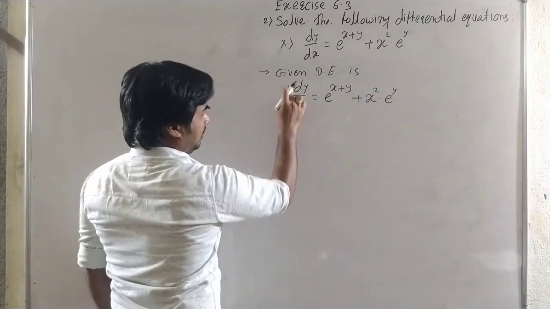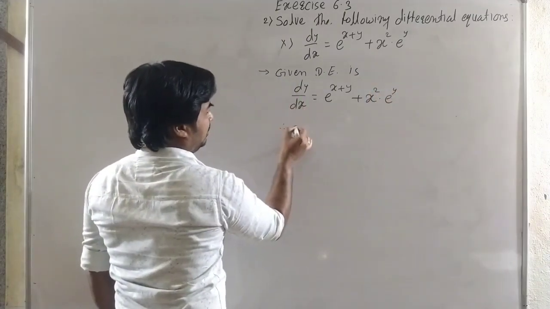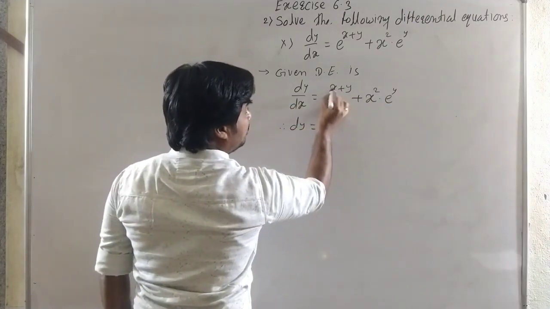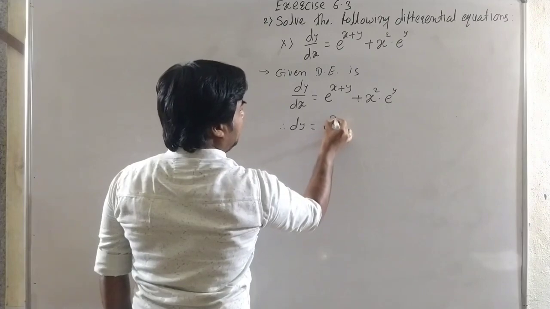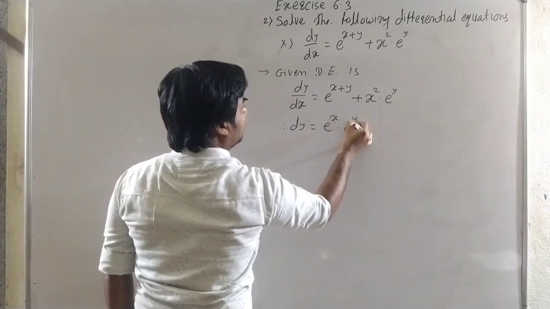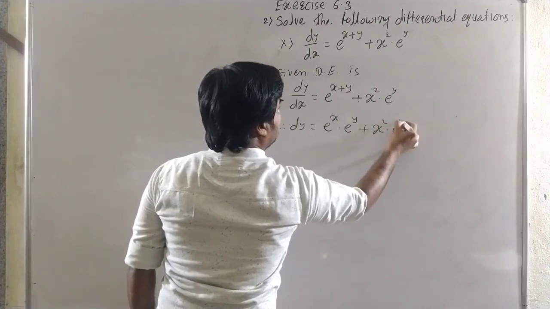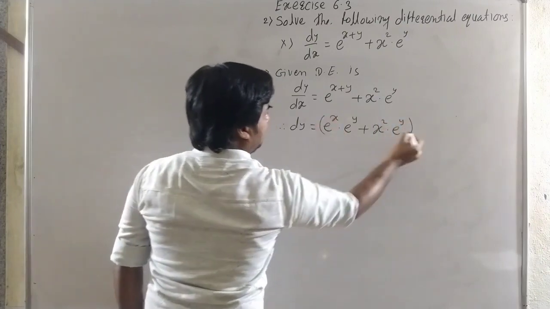Therefore, first separate the differential coefficient, so that dy and dx are on the RHS. Here e raised to x plus y can be written as e raised to x into e raised to y plus x square into e raised to y, and here dx is multiplied with both.